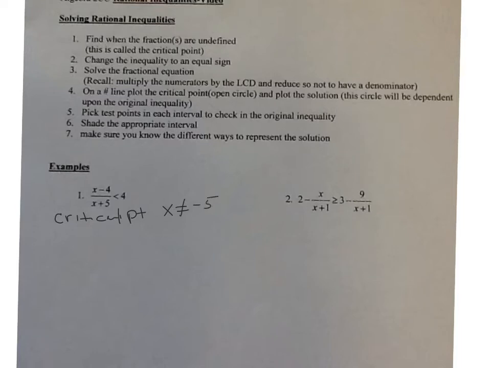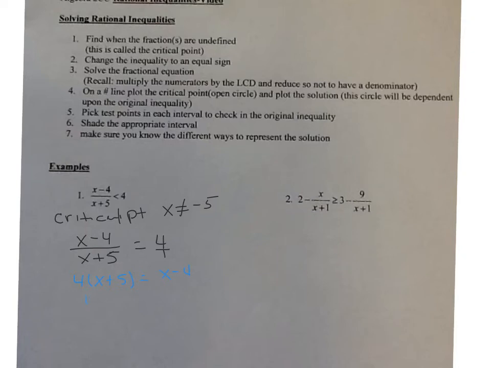Now you're going to solve this inequality as if it's an equal sign. So (x minus 4) over (x plus 5) equals 4. You can put 4 over 1 and cross multiply. So I have 4 times (x plus 5) is equal to (x minus 4) times 1, which is x minus 4.